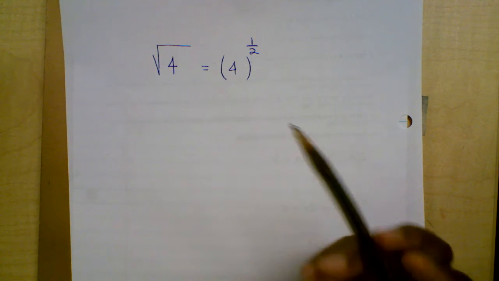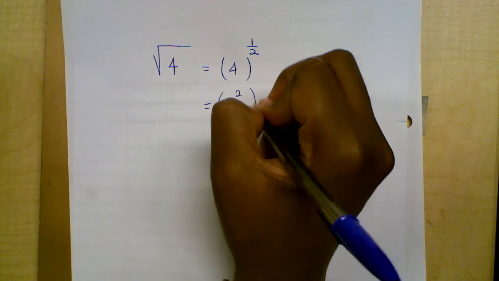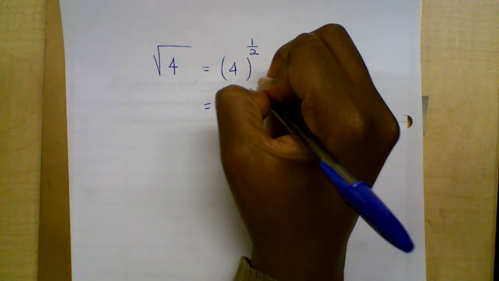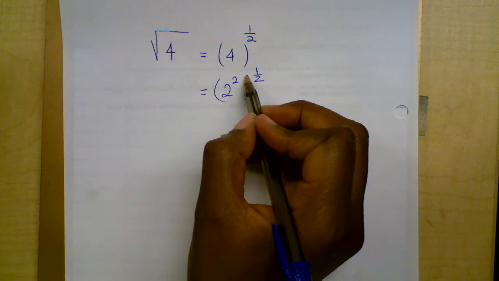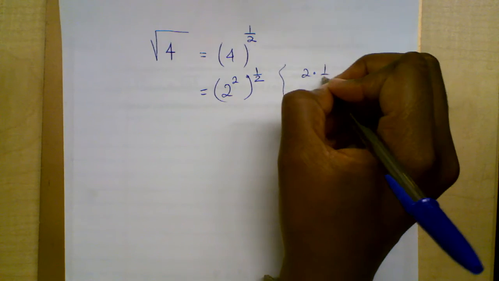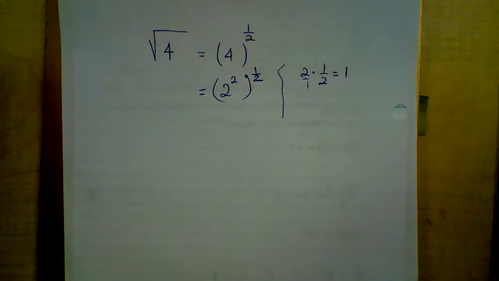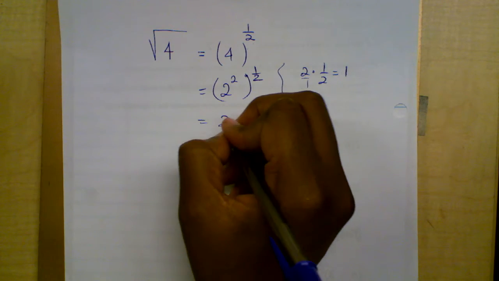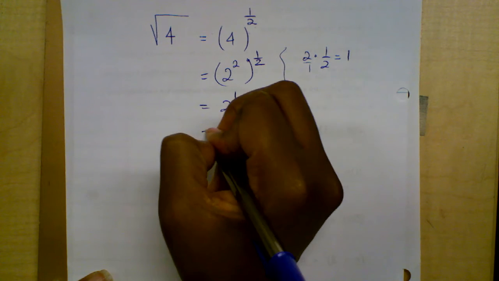What I'm trying to say is 4 can be written as 2 squared. Then you have a power raised to another power, so you multiply the exponents. So 2 times 1/2 is 1, and then 2 to the first power is just 2.